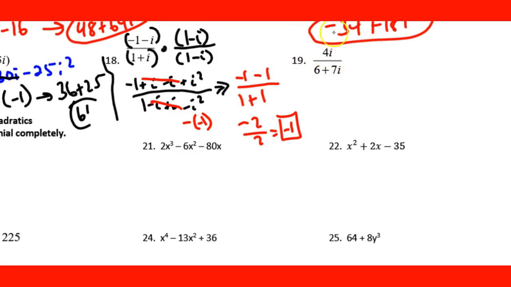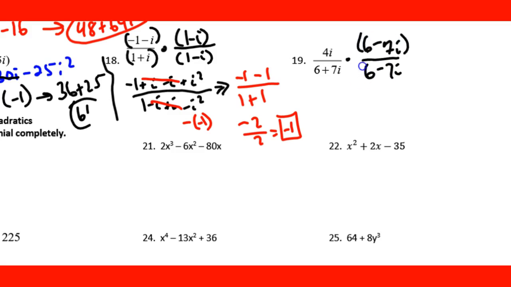Now, for this problem here, again we're going to take the conjugates. So 6 minus 7i. And since I do it at the bottom, I got to do it at the top.